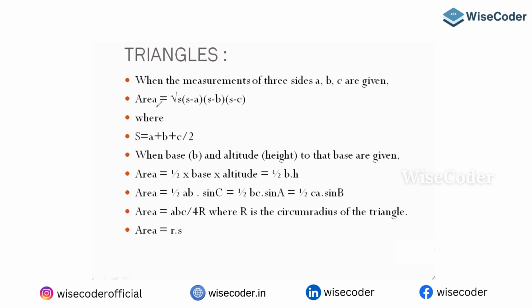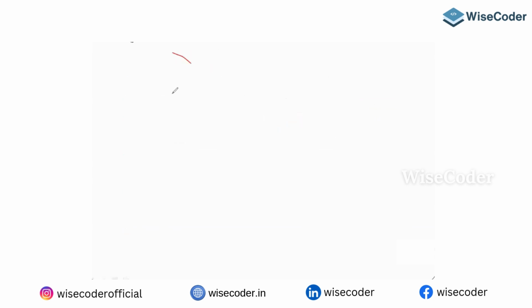If it is a perpendicular, right angle triangle, then area is equal to half into the product of the sides containing the right angle. Okay, this is A.